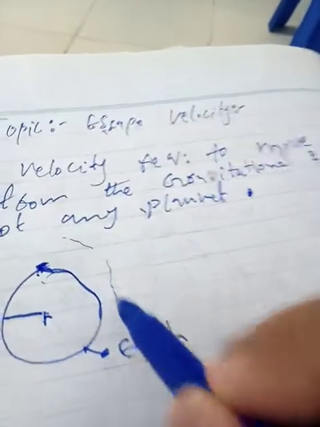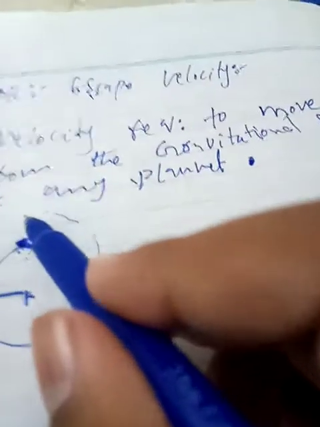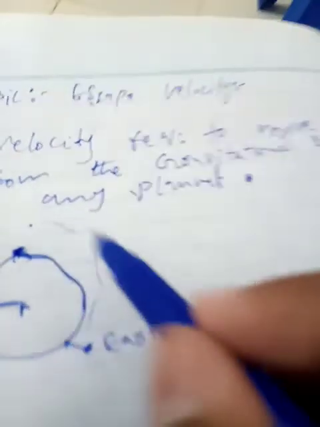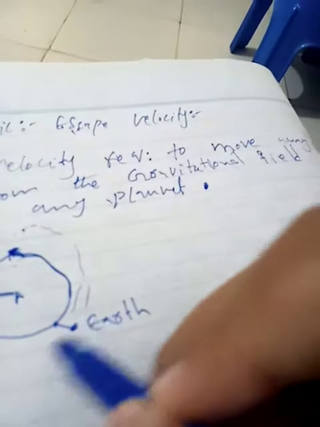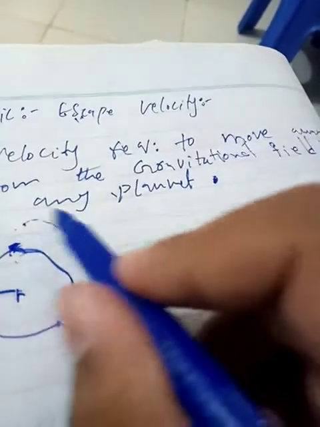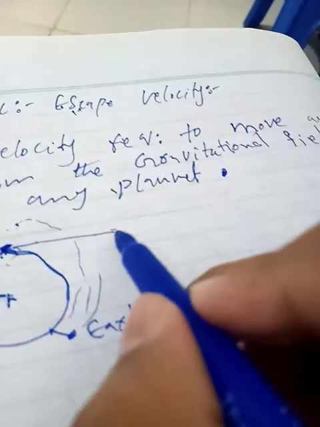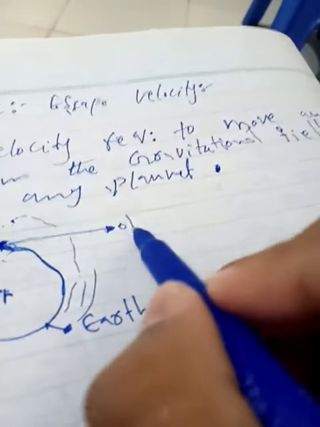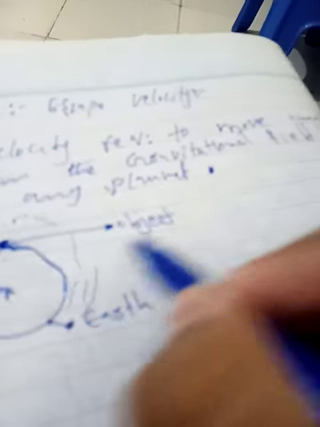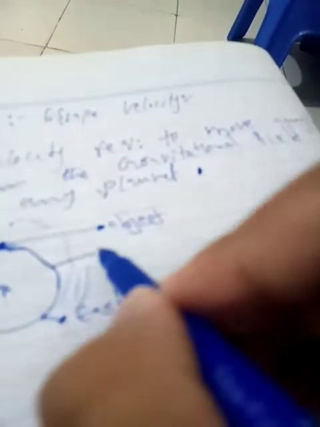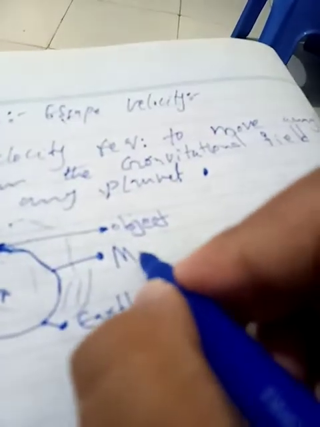As you know, in our previous video we discussed that if we have to launch any satellite, then we will have a projectile motion. So this is an object, and this is the mass of Earth, and this is the radius.